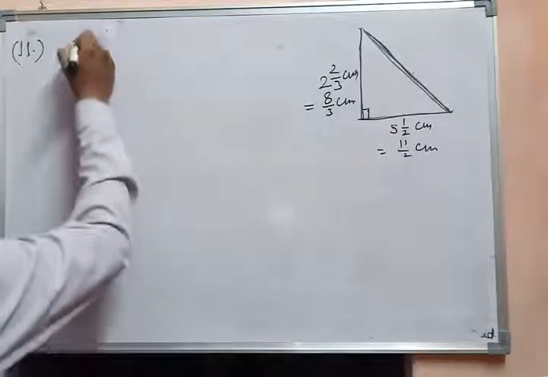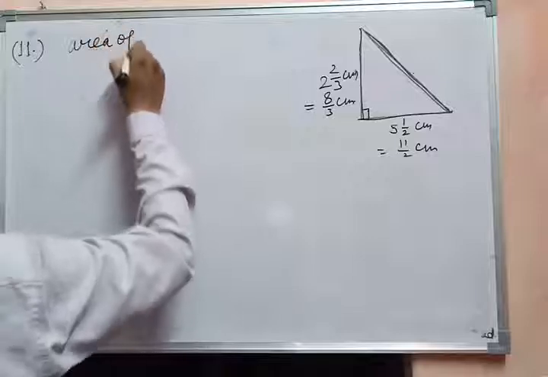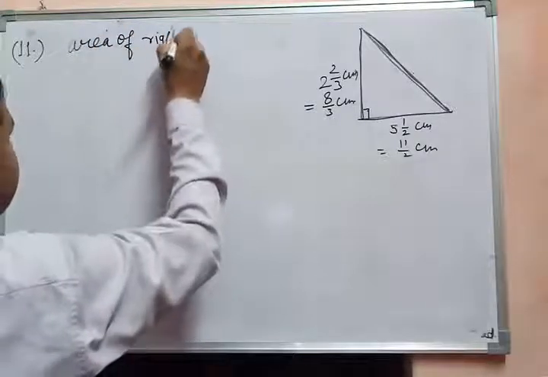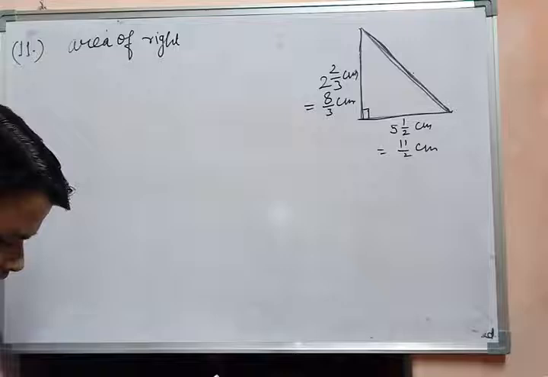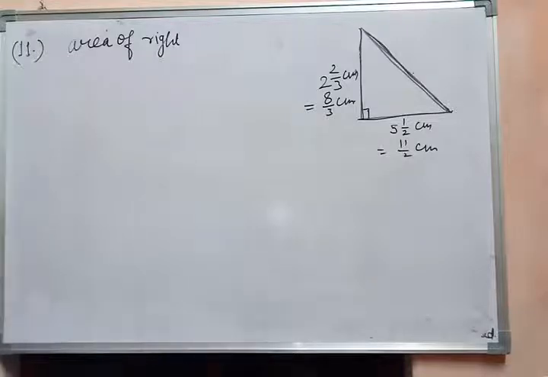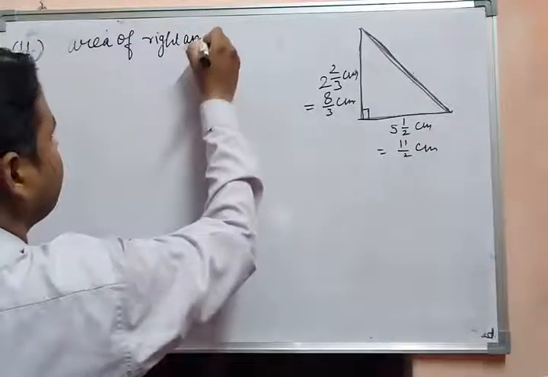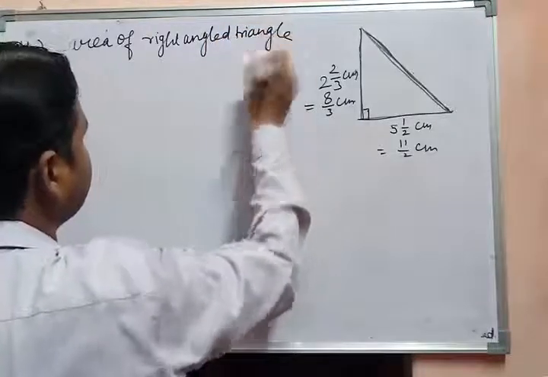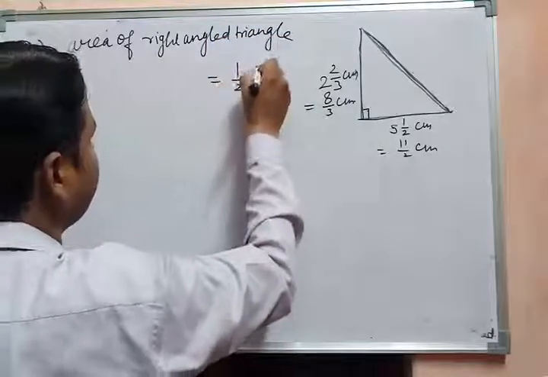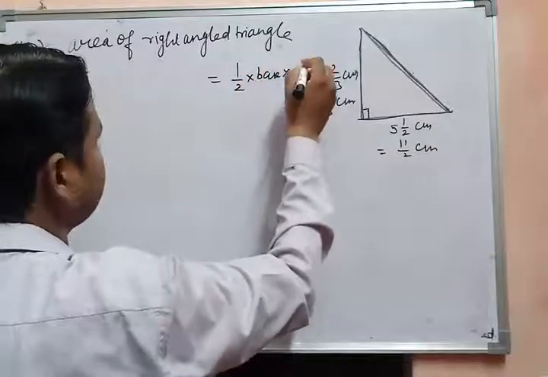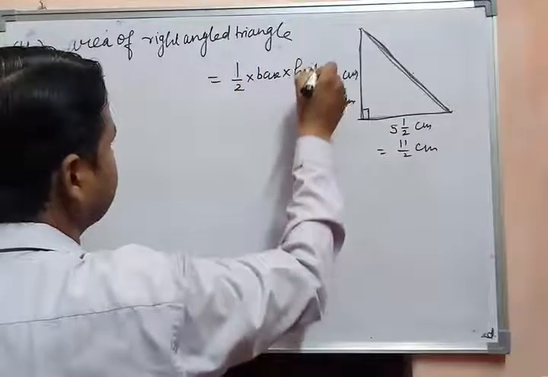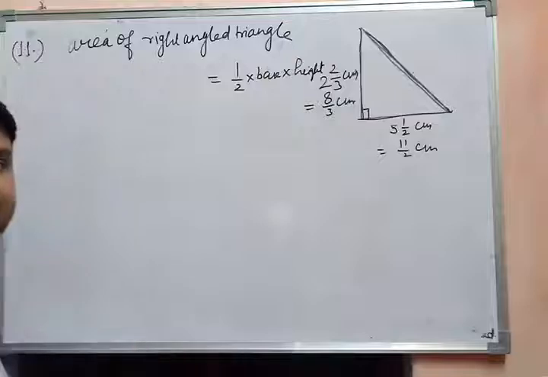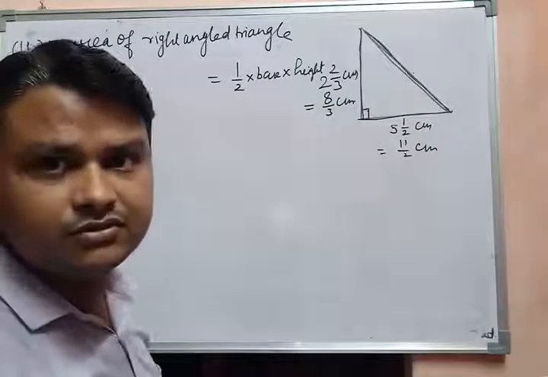So area of a right angle triangle is equal to half into base into height, or you can say altitude.